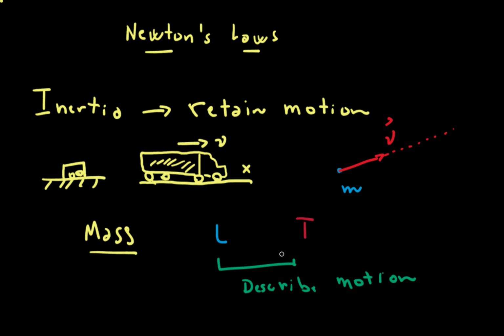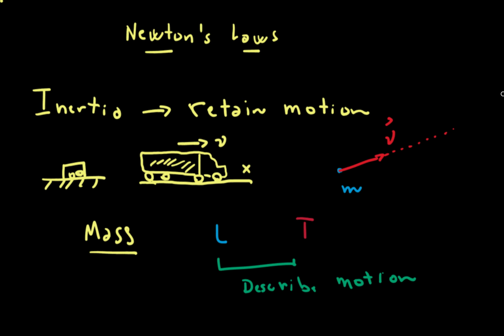Meaning length and time was everything we needed to build the kinematics, which is a framework to just describe motion. Here, since we are now talking about inertia, to build Newton's second law, we have to include this idea of inertia in a way that we can quantify it, which is why we introduce mass.